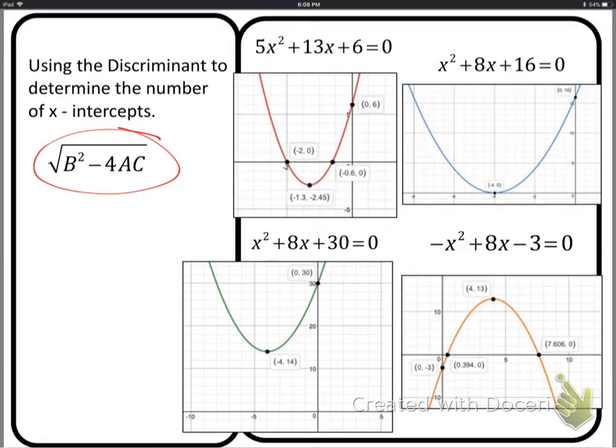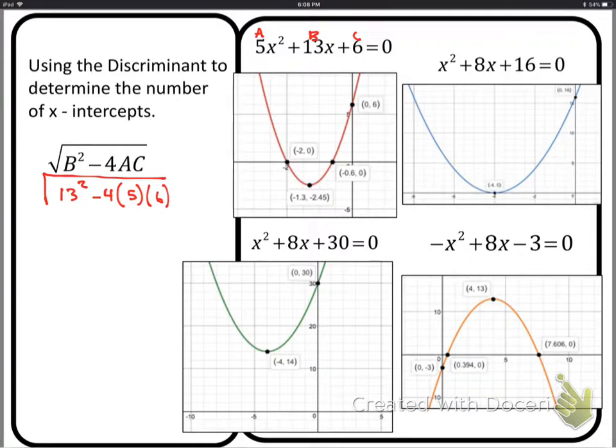Okay, and then remember the discriminant is what we started discussing. We did the top left one. We can go ahead and do it again just for more practice. We plug it straight in. That's my A, that's my B, that's my C. So it was B squared, which was 13 squared, minus 4 times A times C, which was 6.